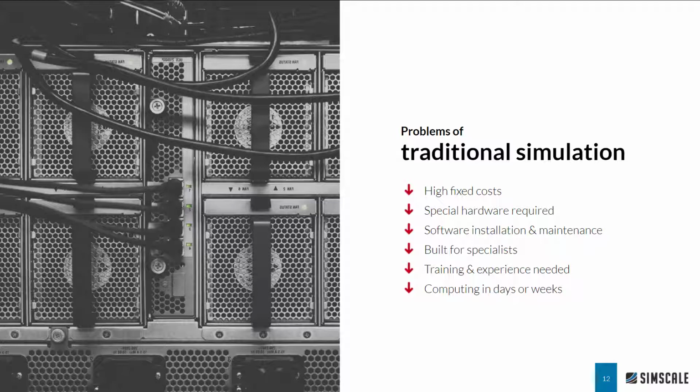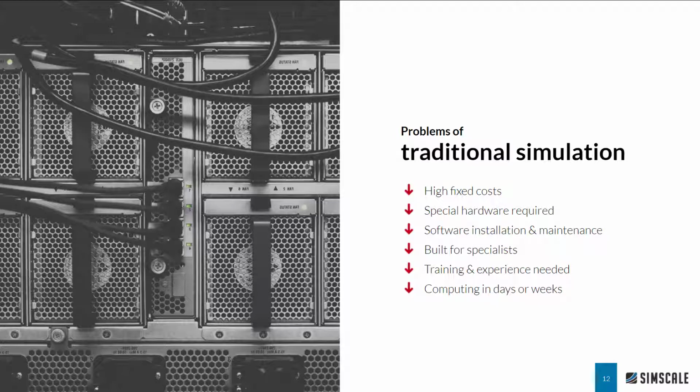Traditional simulation typically has high fixed costs. It requires specialist hardware to be installed on premise, and then you need to install specialist software onto this on-premise hardware, all of which needs to be maintained.